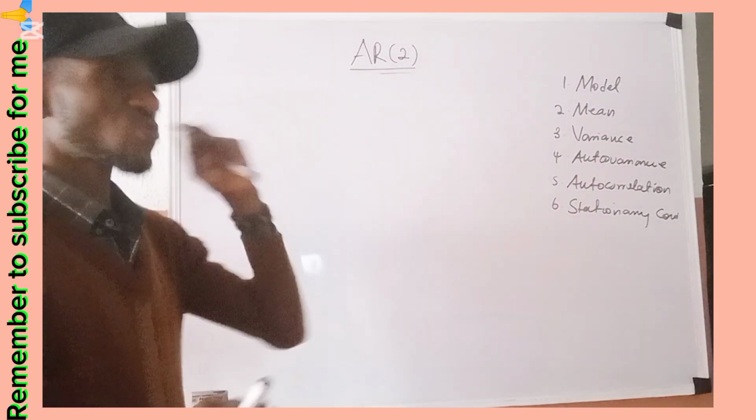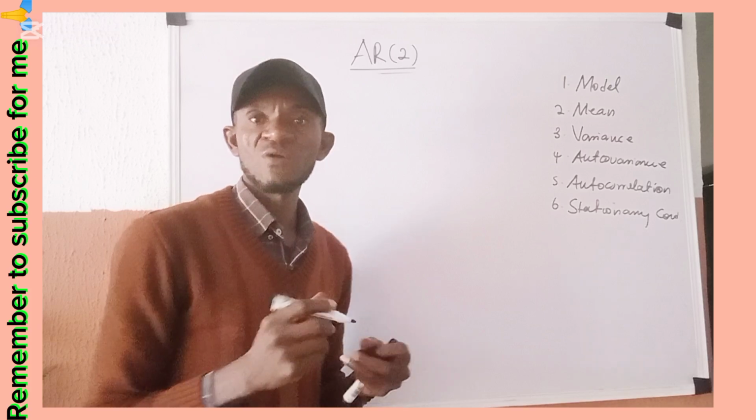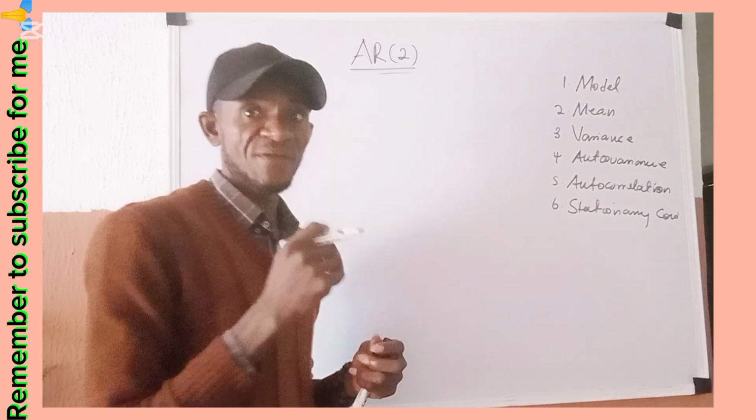So we begin with the first one, talking about the model of AR of order 2. How is the model written?